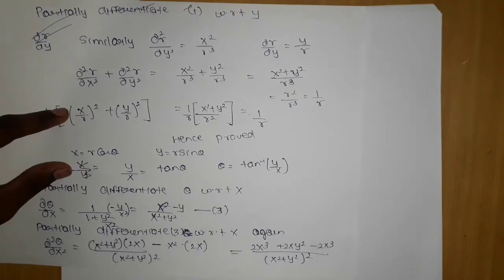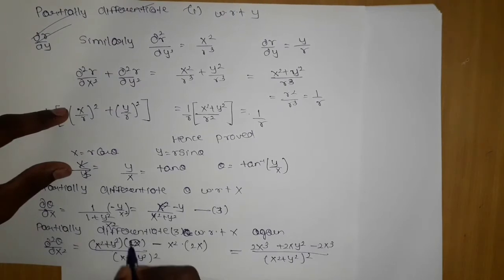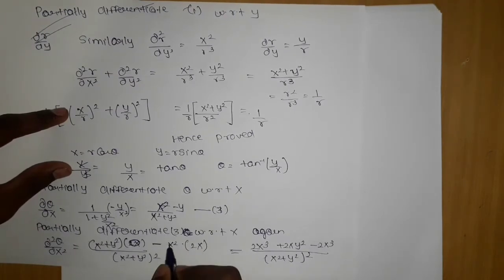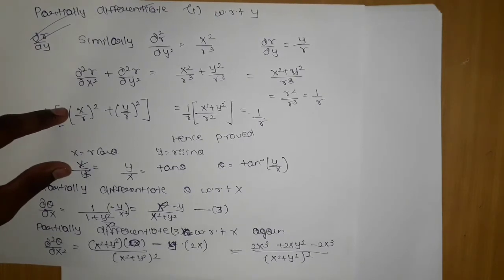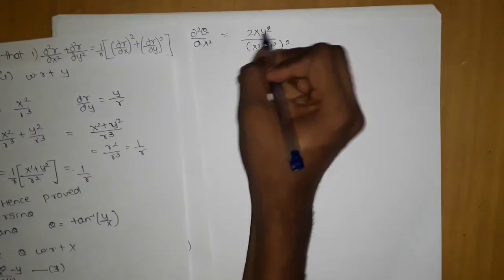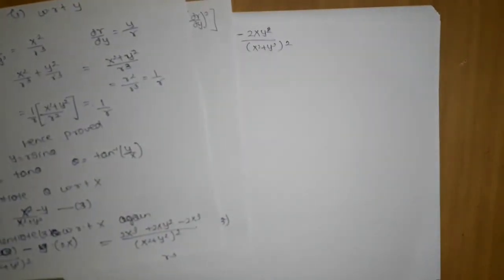The differentiation of the other part will be 0, so my final answer is nothing but minus 2xy upon (x² plus y²).